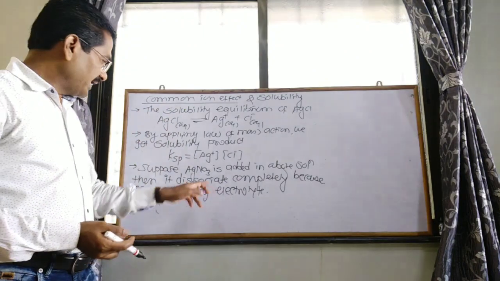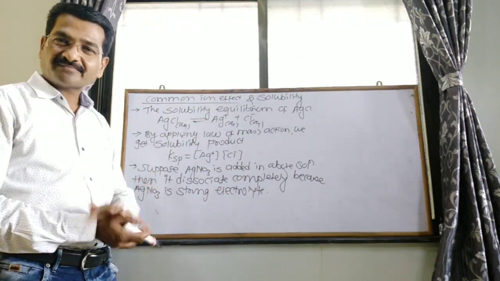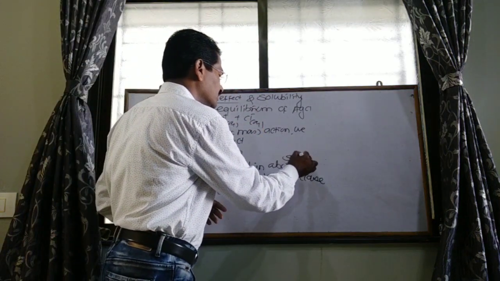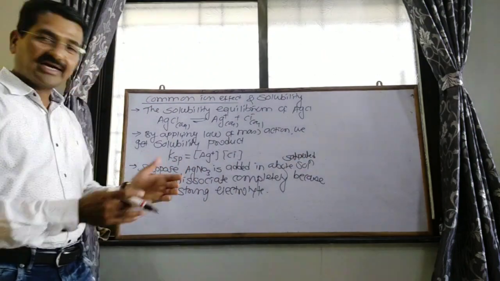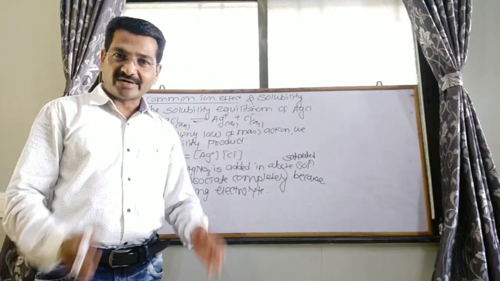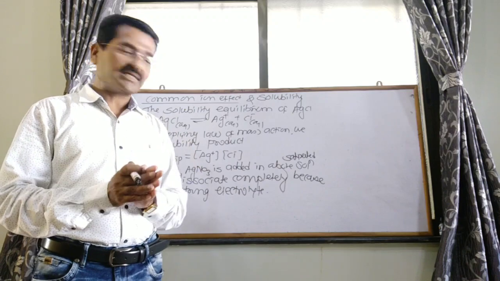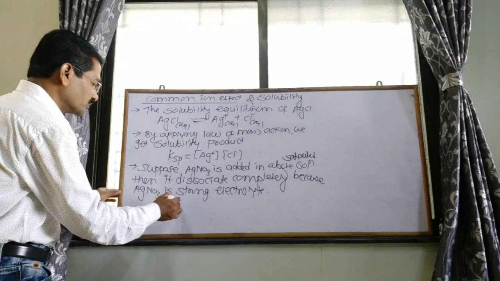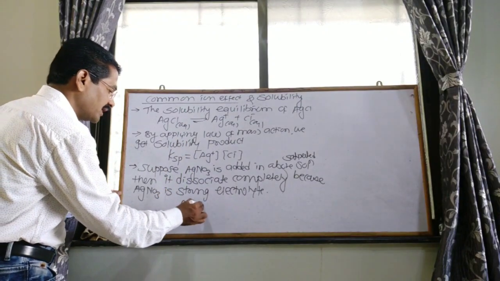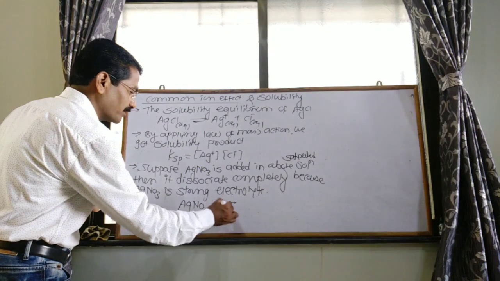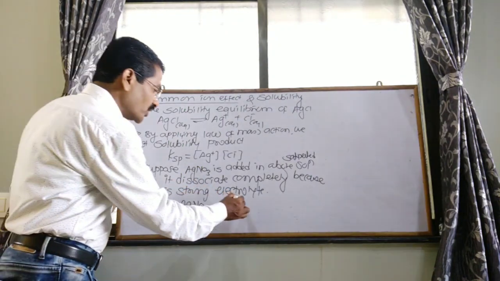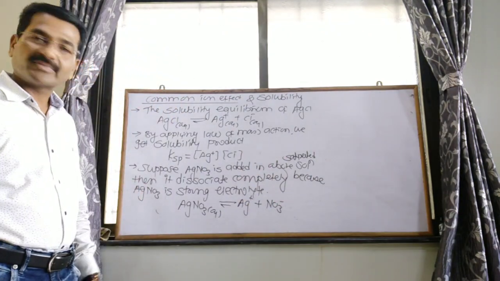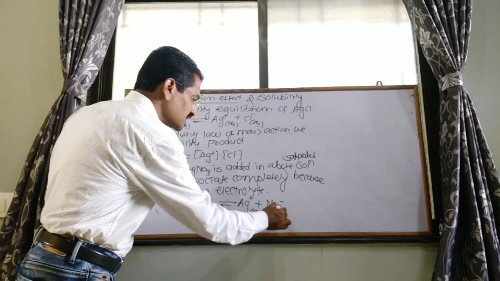AgNO3 in aqueous solution breaks up to give Ag plus and NO3 minus ions.